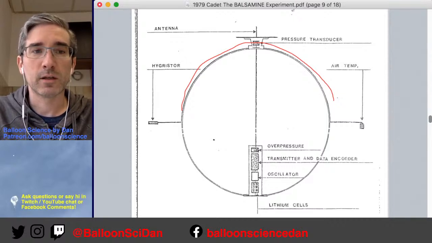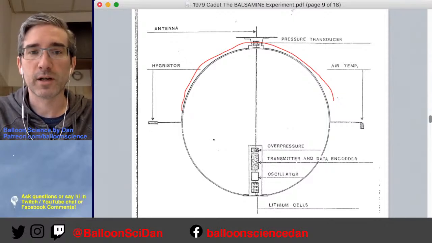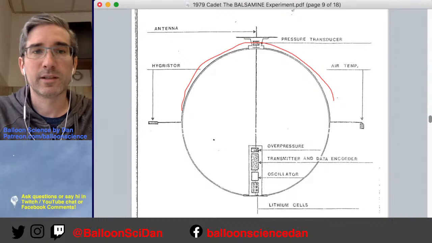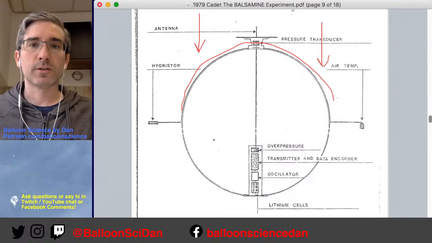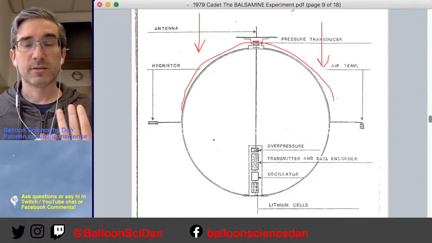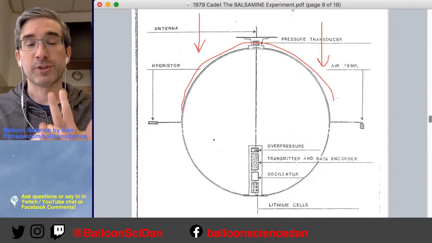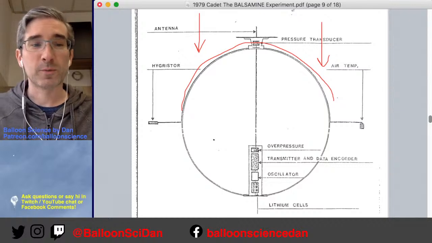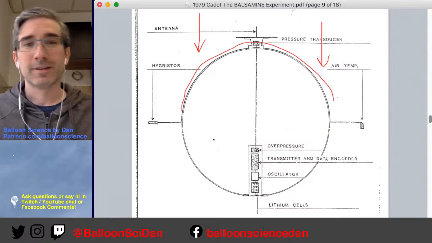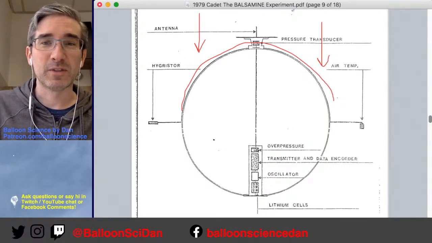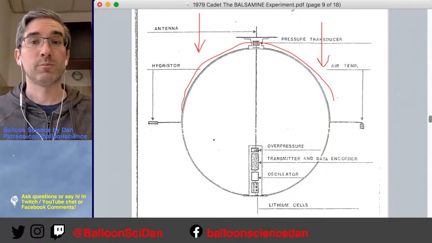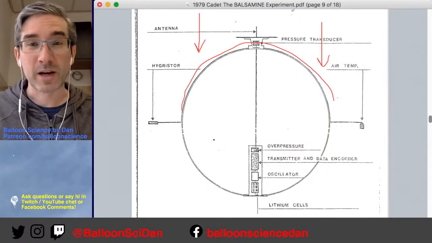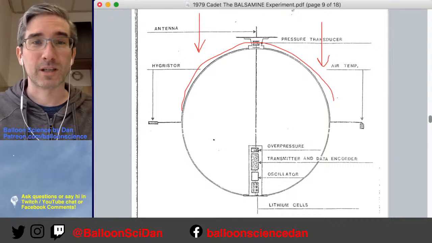Even though some of it runs off the sides, the amount that sticks, and also the simple force of the rain hitting it, causes the balloon to add mass and have a force that pushes it down. As we know from the density equation, adding mass is going to make you denser, which is going to make the balloon seek a denser air layer below. So when you get rained on as a balloon, you sink.